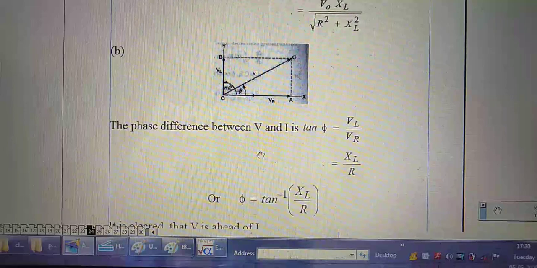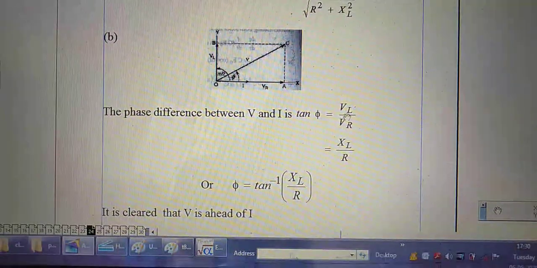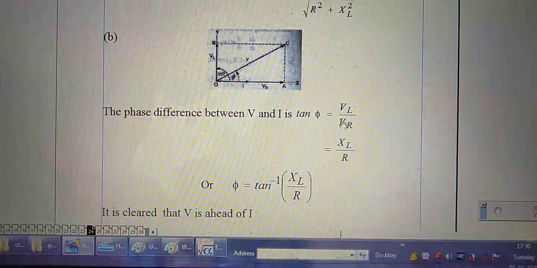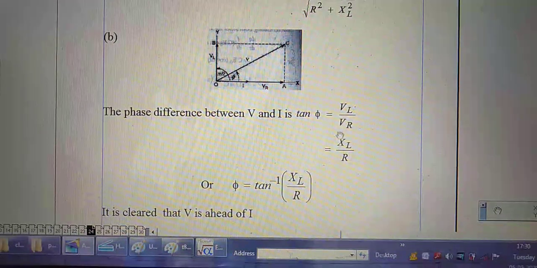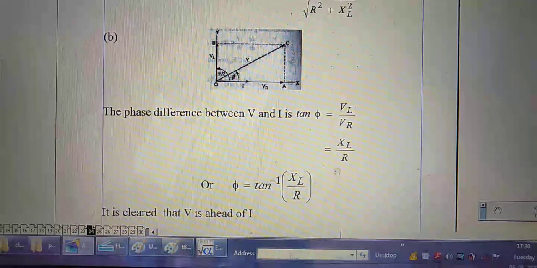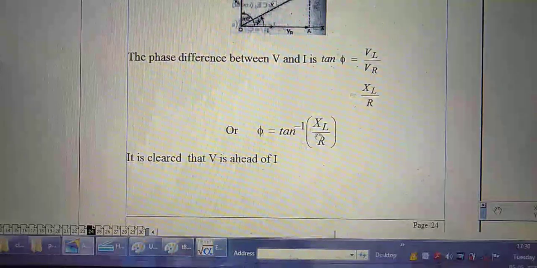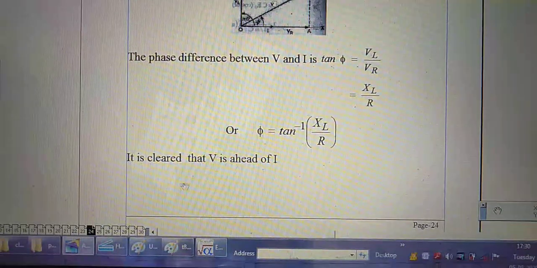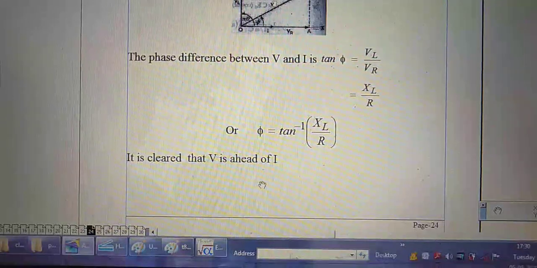Now the phase difference between V and I is tan phi equal to VL by VR. VL equals I XL, VR equals I R, I cancels, so it becomes XL by R. Then phi equals tan inverse XL by R. As I mentioned earlier, V is ahead of I.